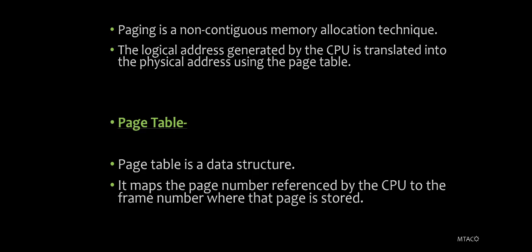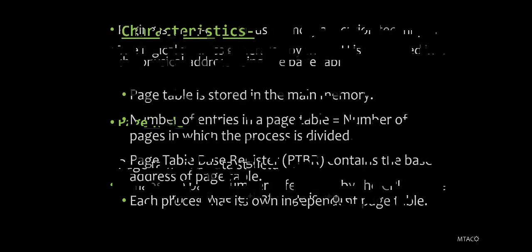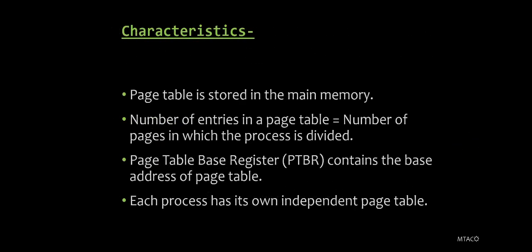So from the CPU, which gives a page number, it will be stored at your frame number. There are different characteristics of your page table. Your page table is stored in the main memory.